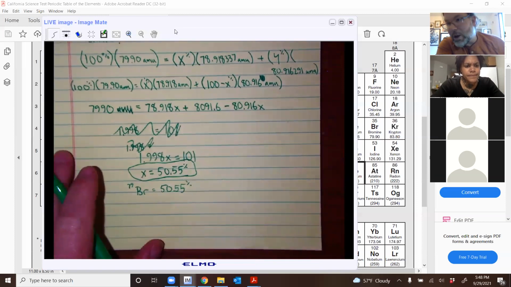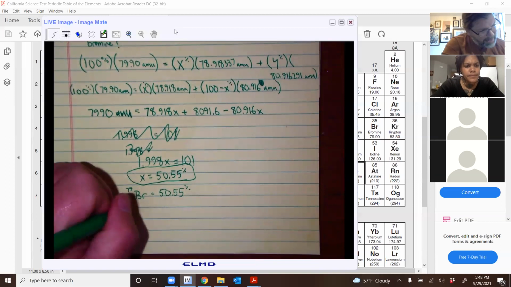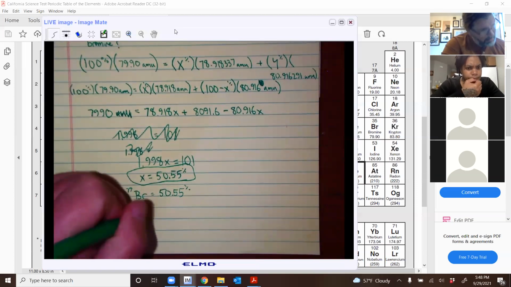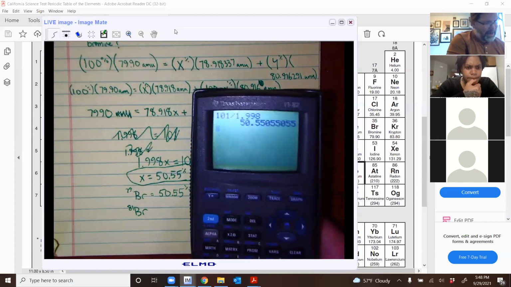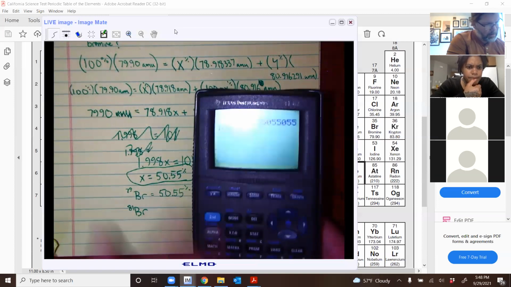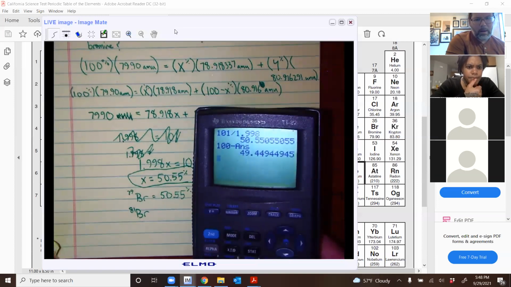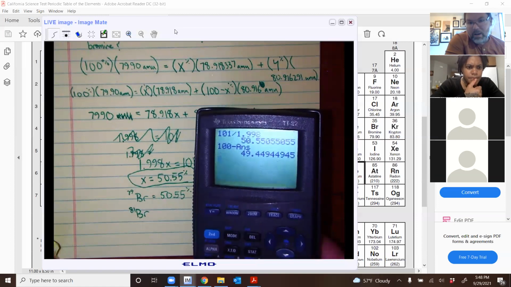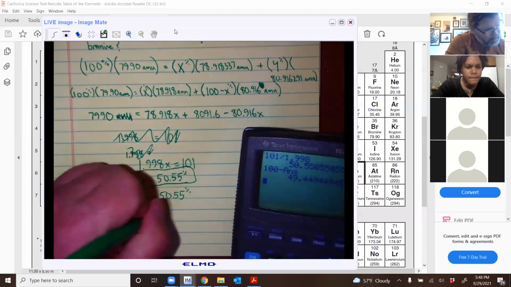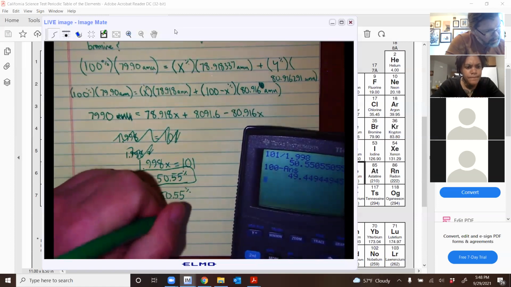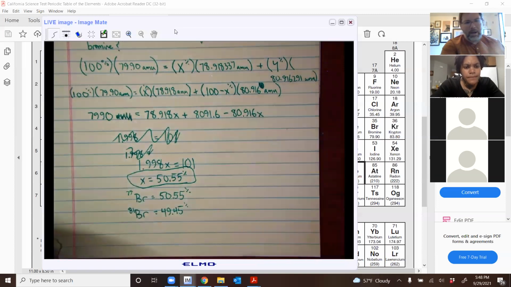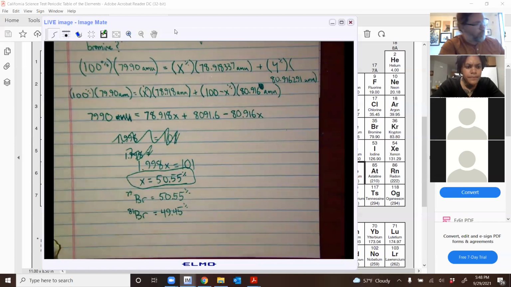And because we know that the two percentages have to add up to 100%, that means that I can do 100 minus that. And then to four significant figures, my bromine 81s have to be 49.45% of my pile.